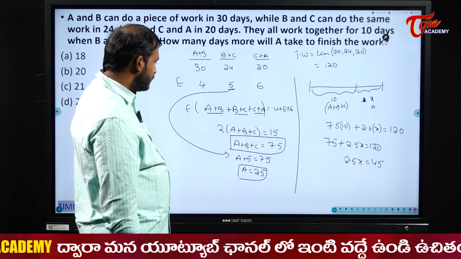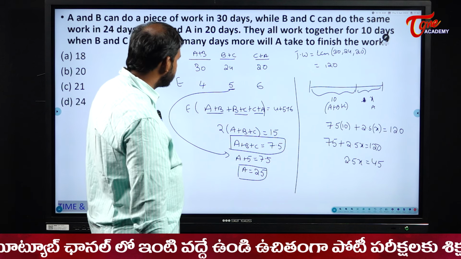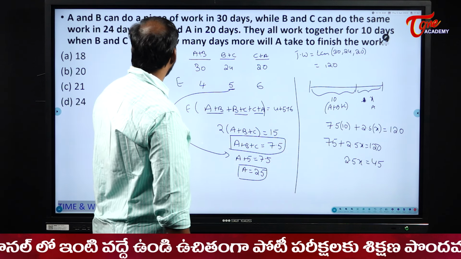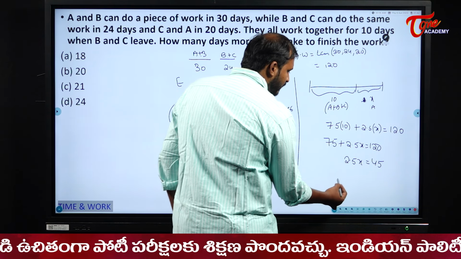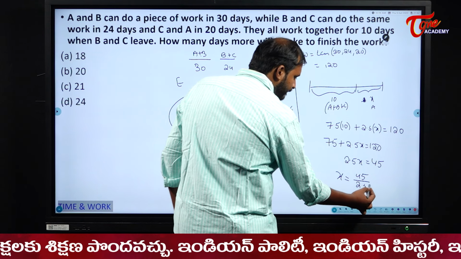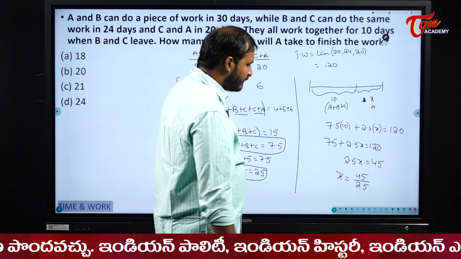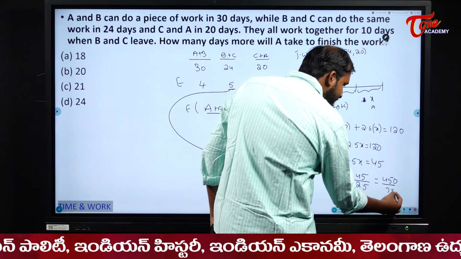Okay, right? Now, they are asking us how many days more A will take to finish the work. So the x value will become what here, students? 45 by 2.5, which will become 450 by 25.